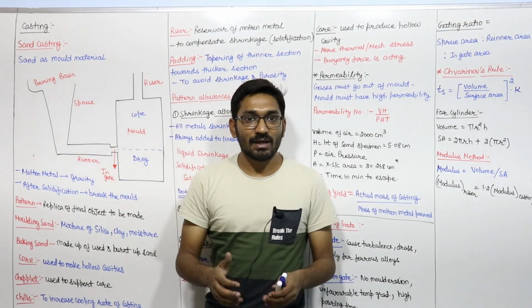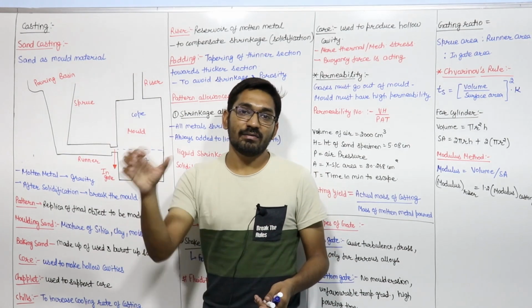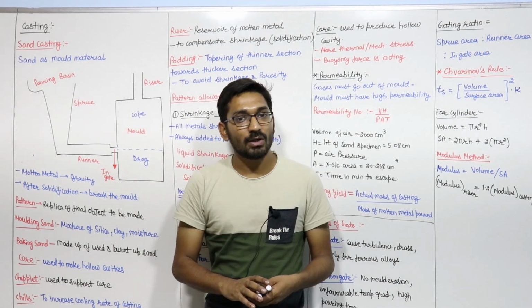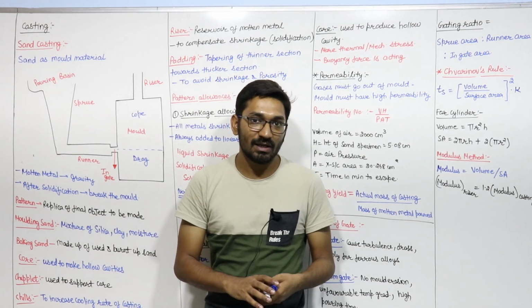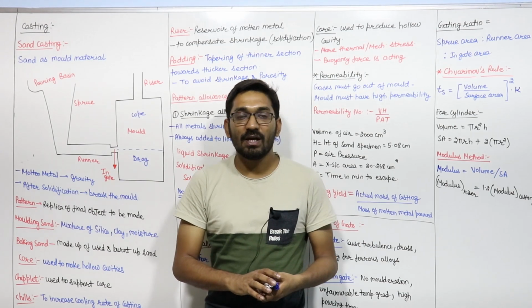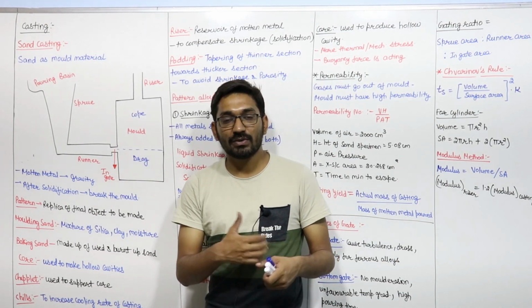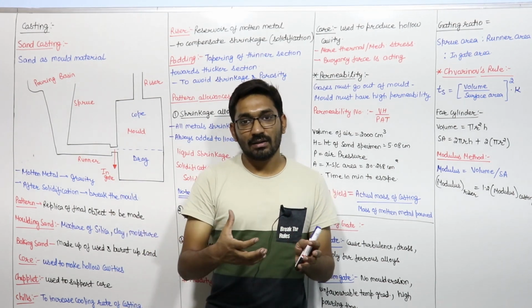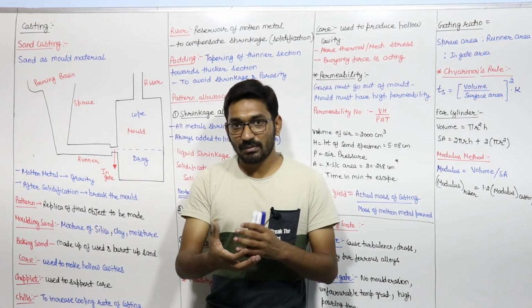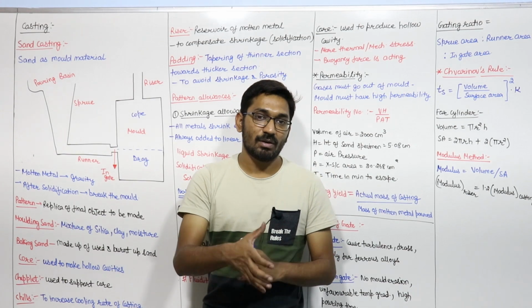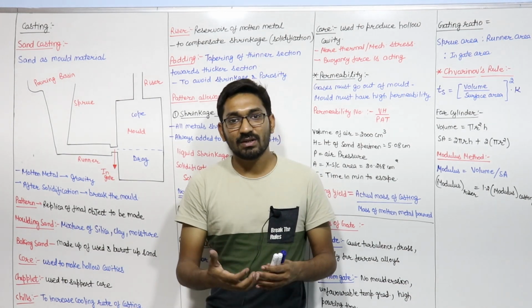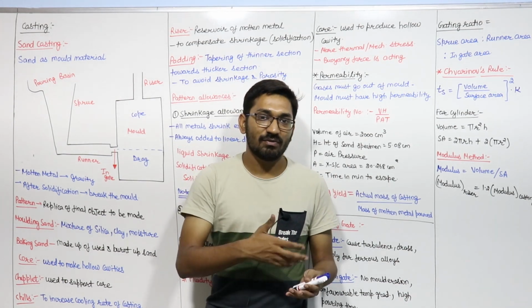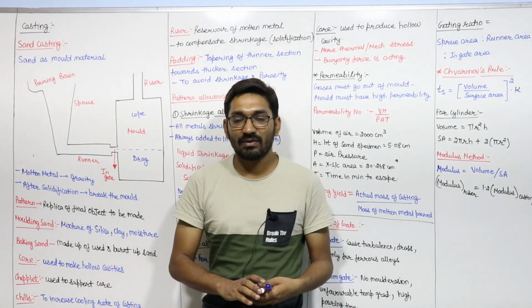After making the mold, we remove the pattern and pour the molten metal into that mold cavity. After the complete filling of the mold cavity we allow it to solidify, and after solidification we remove the solid metal from the mold cavity, cut the unnecessary parts and finish it, and the casting product is ready.